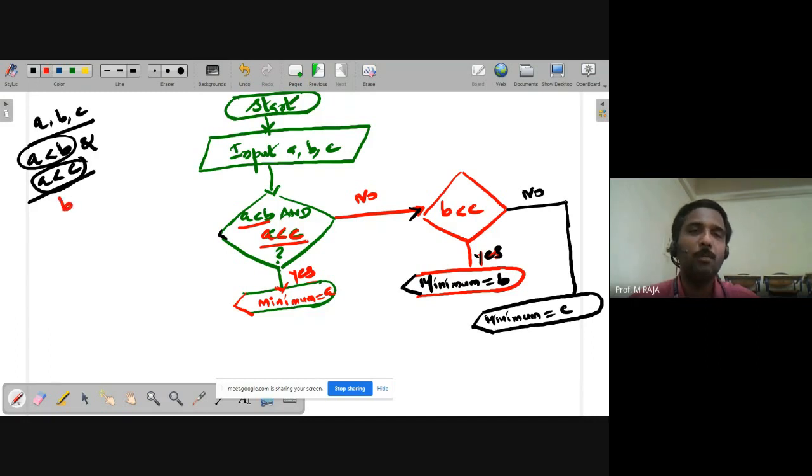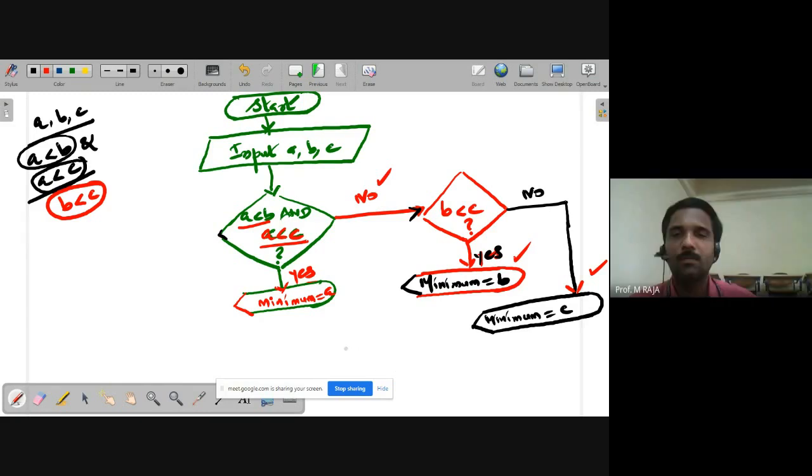So it is enough to compare B and C further. If B is less than C, we can conclude minimum is B. Then if the condition fails, we can conclude minimum is equal to C. Clear?